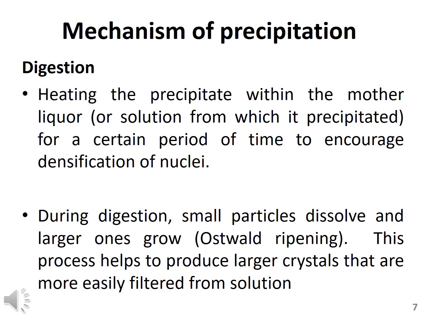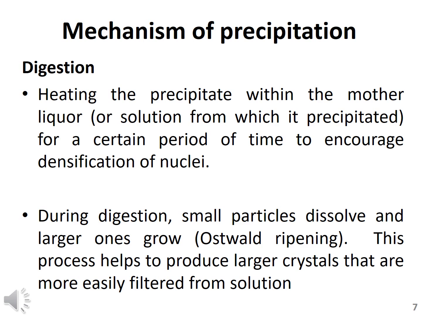First the microscopic nucleus is formed, and then smaller particles of the precipitate deposit on the nucleus, and in this way large crystals are formed. During this digestion, small particles dissolve and large ones grow. This is Ostwald ripening.